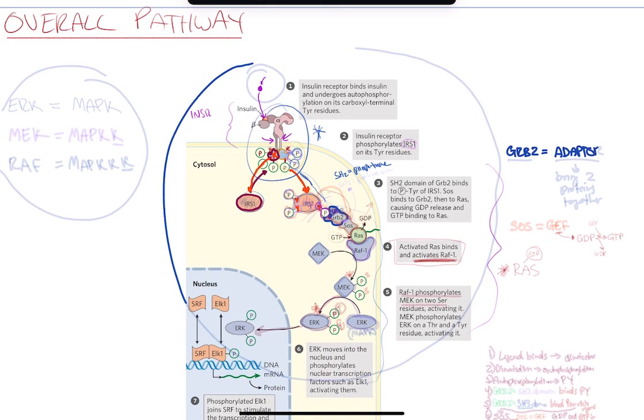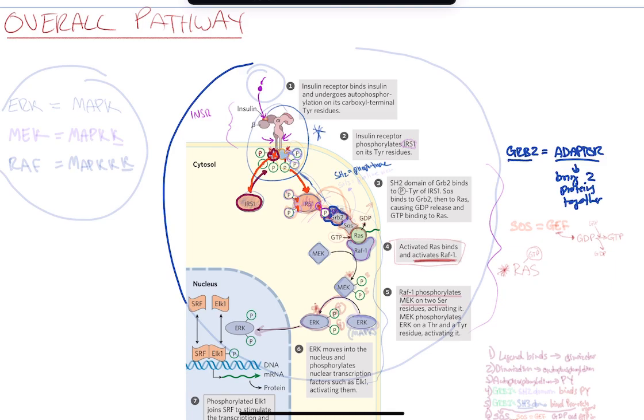This is just an adapter protein. It has no intrinsic enzymatic activity. All it does is bring two different proteins together. It's not a kinase. It has no enzymatic activity whatsoever.